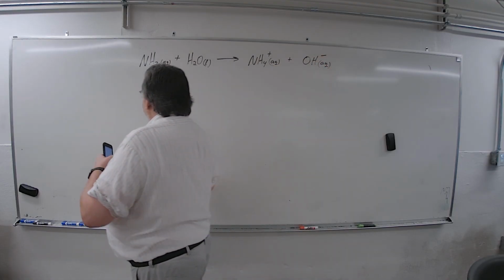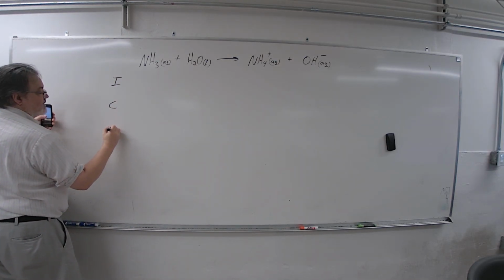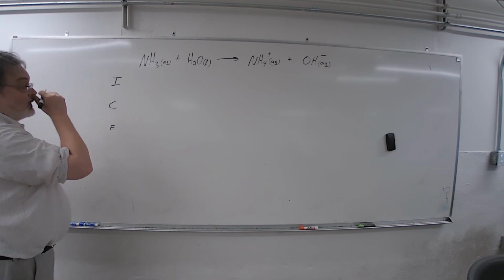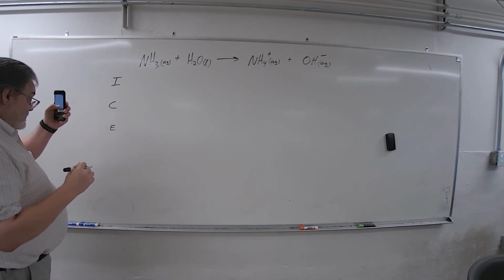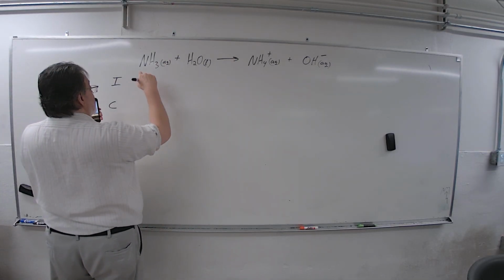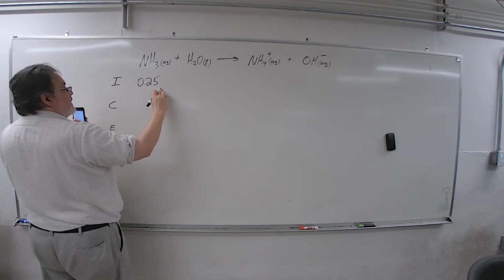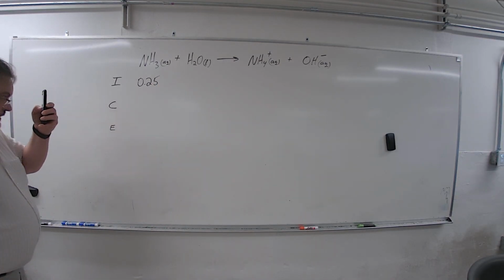Okay, to start like that, the ICE table is initial, change, and equilibrium. This tells us that initially somebody probably made a solution 0.25 molar of this. All of these are capital M. I'm just going to leave the units out.